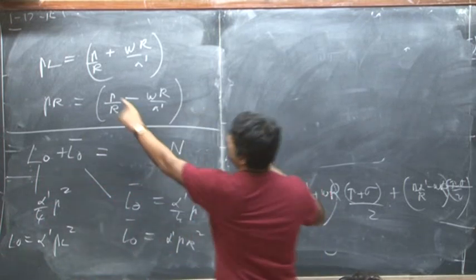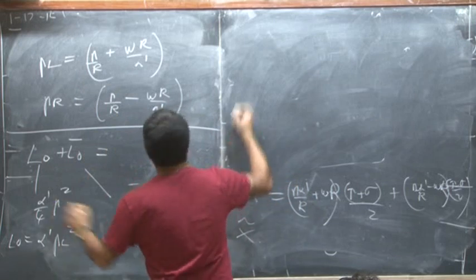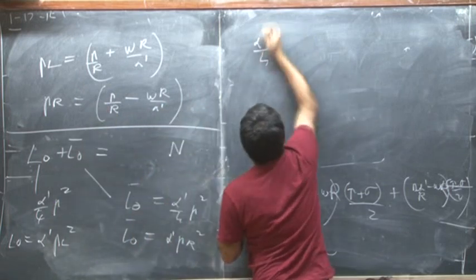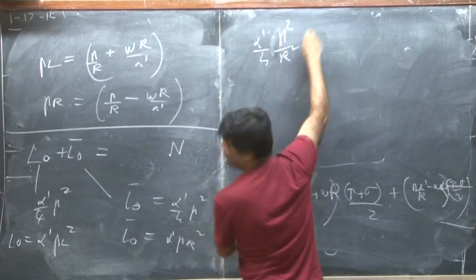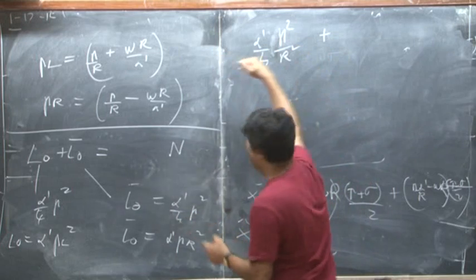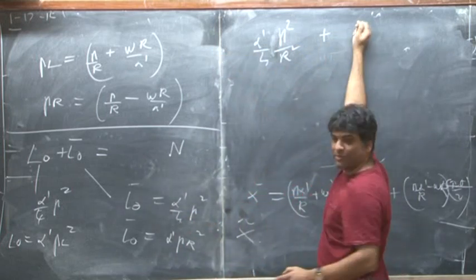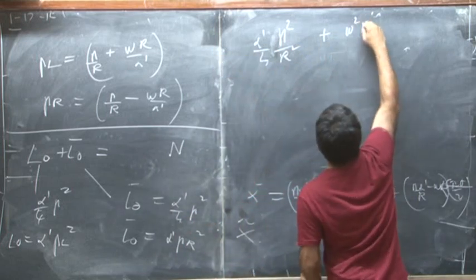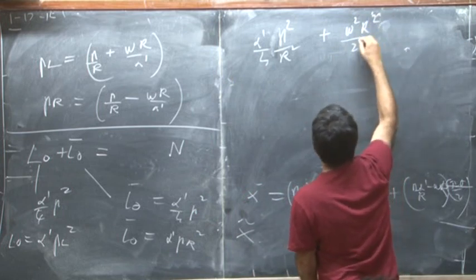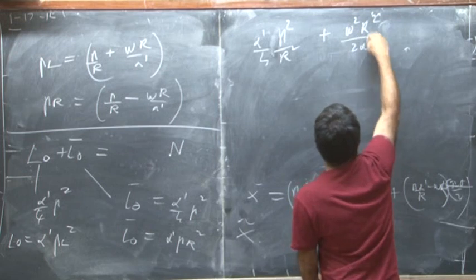What Ronak's comment was is that we continue to get alpha prime p squared by 4, which now will be replaced by n squared by R squared. But then you also get the potential energy which we worked out: omega squared R squared by 2 alpha prime.